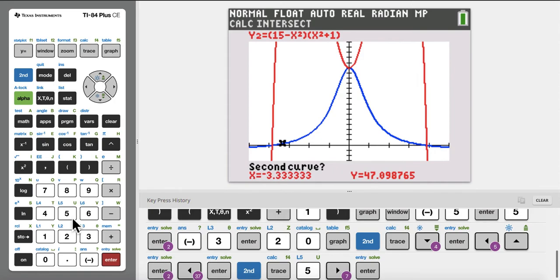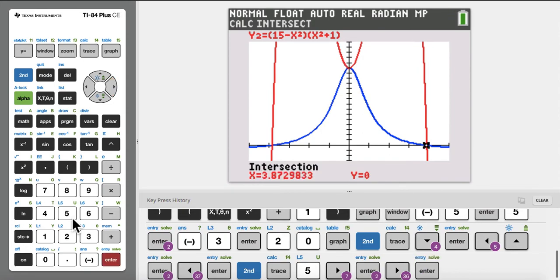My second curve is the red one. Hit enter again. And then for my guess, I'm going to move my cursor. You can't even see it moving because it's on that red curve. But I'm going to move it closer and closer to that point of intersection. There it is, that's in the middle. Right there. And hit enter one more time.